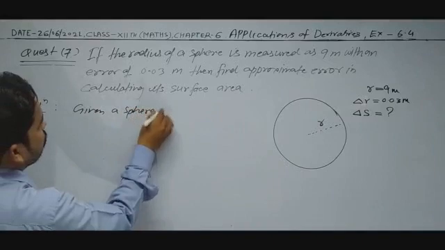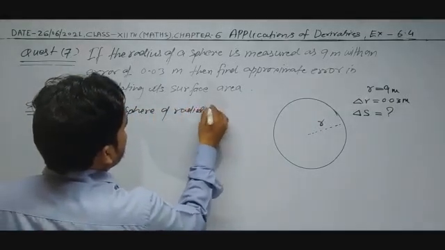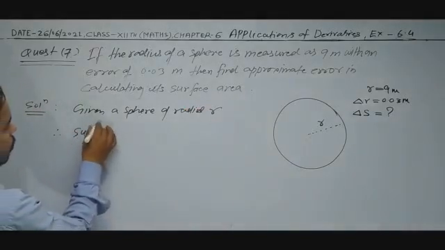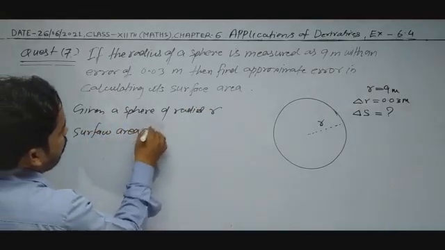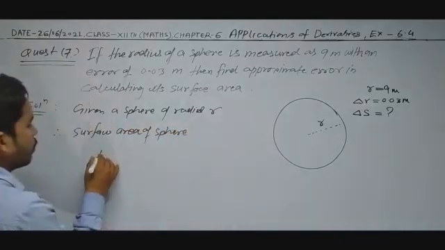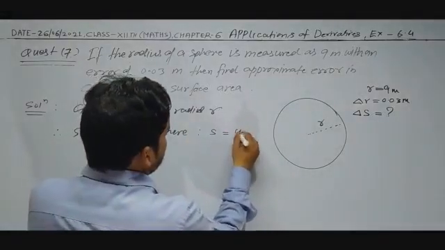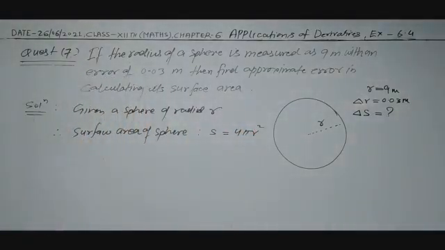Given a sphere of radius r, therefore the surface area of the sphere, that is S, is equal to 4 pi r square. This is the formula.